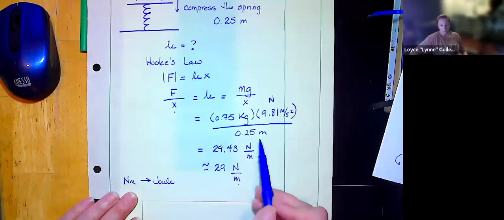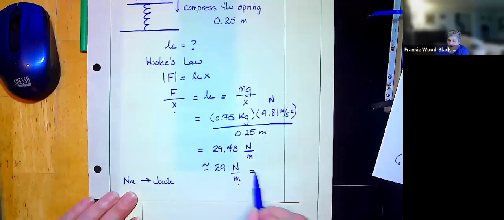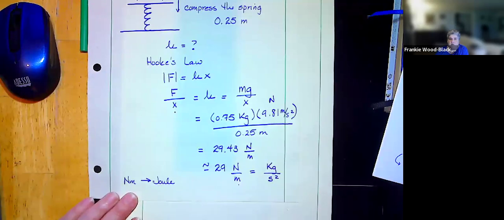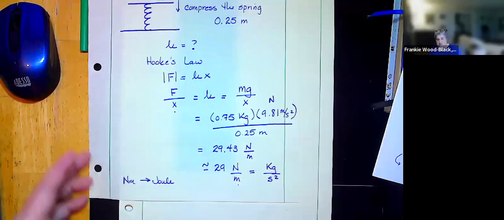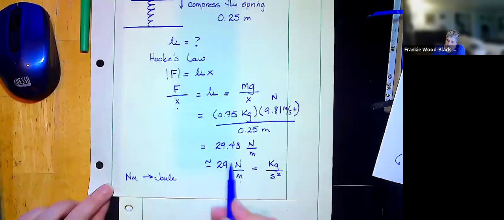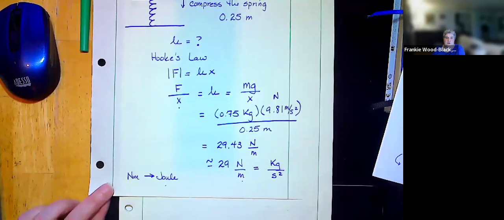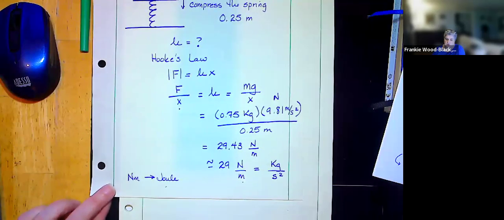This is actually also equal to kilograms per second squared. And that's why the unit analysis helps to make sure you're doing your equations correctly. Because if you get this and that's not what you're intending, you probably set up your equation wrong.